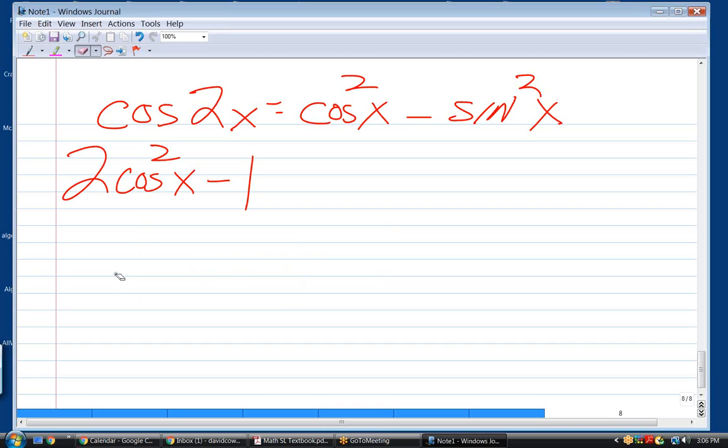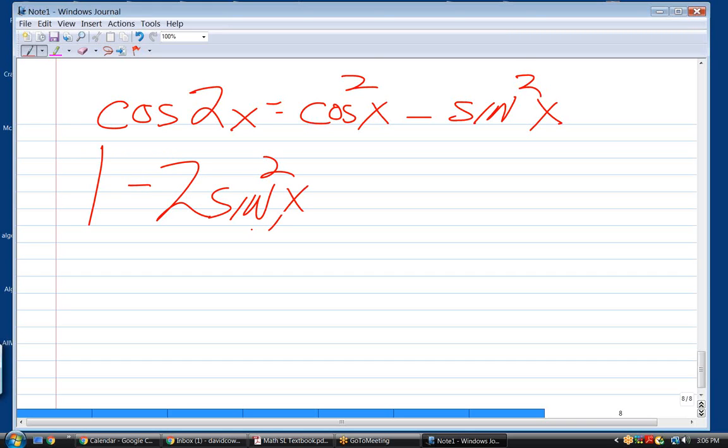Interesting. It's not that easy to prove that way, unless I'm missing something. Let's see, it's also equal to 1 minus 2 sine squared x. Yeah, you know what you have to do here is substitute for that.